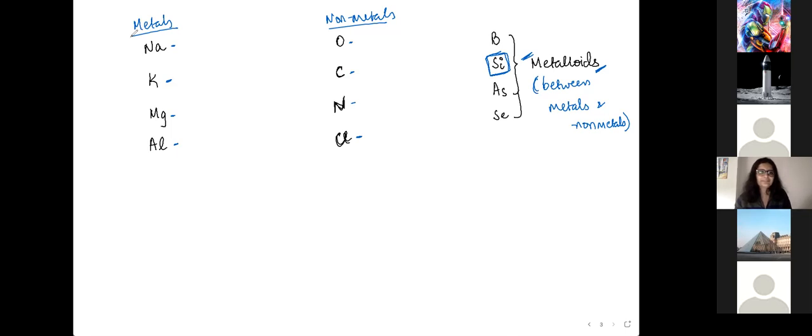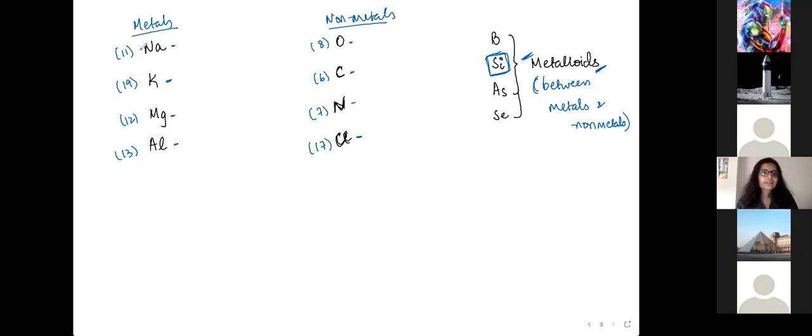Aditya and Puneet remember it. The rest of you don't remember it, no issues. I'll help you out with the atomic number. Sodium is 11, potassium is 19, magnesium is 12, and aluminium is 13. Oxygen is 8, carbon is 6, nitrogen is 7, and chlorine is 17.